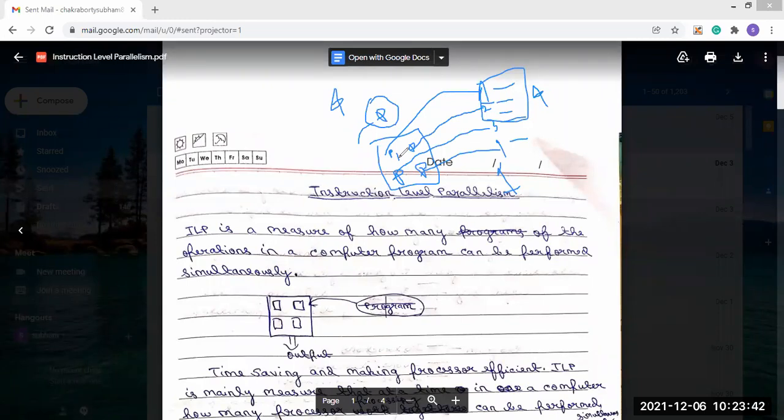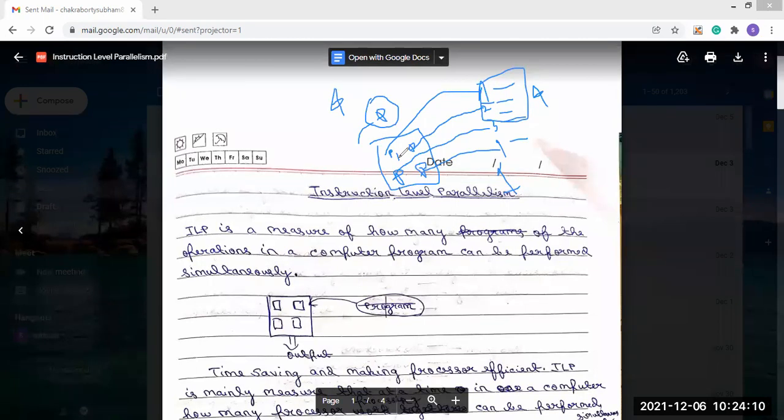On a single processor it requires 4 units of time, but in 1 unit of time we can execute the total program. Which one will we prefer? Obviously we prefer that the whole program be executed in 1 unit of time. So that's why the parallelism concept came.